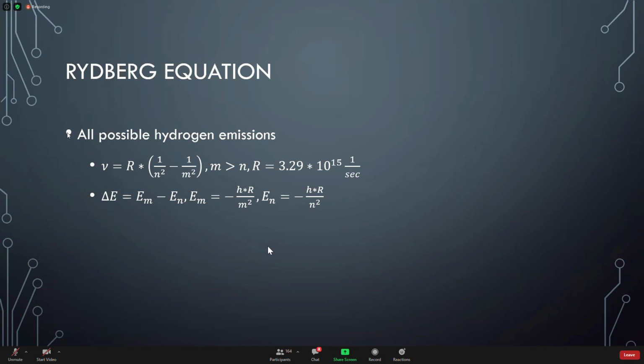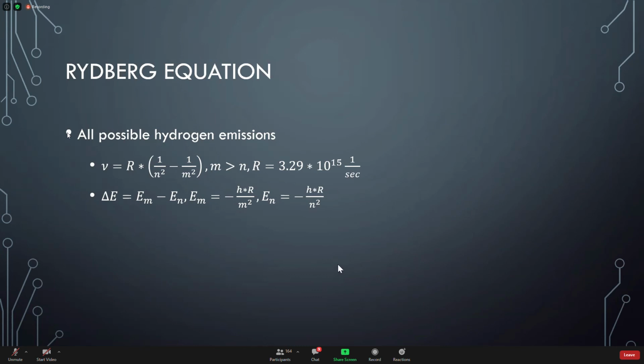Here, N and M represent the energy levels that we're switching between. We want to orient this so that the subtraction of the fractions will give us a positive number, right? We need to have a positive frequency. So that's why M has to be greater than N. It gives not only all possible hydrogen emissions, but it also gives the exact value of the hydrogen energy levels, which is super cool.